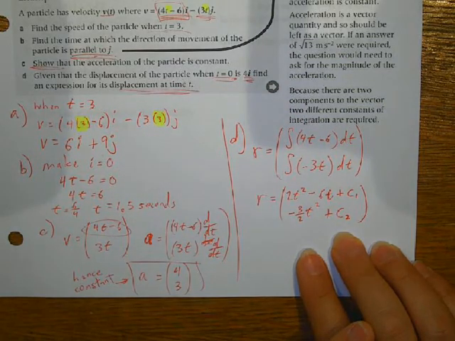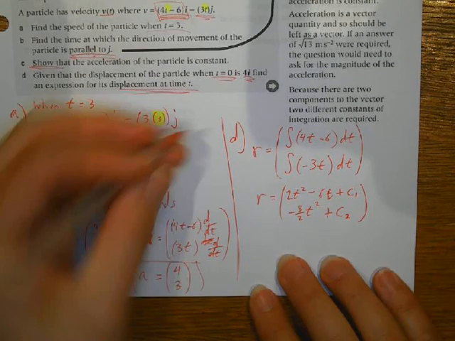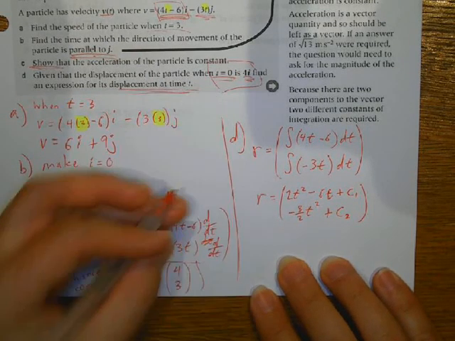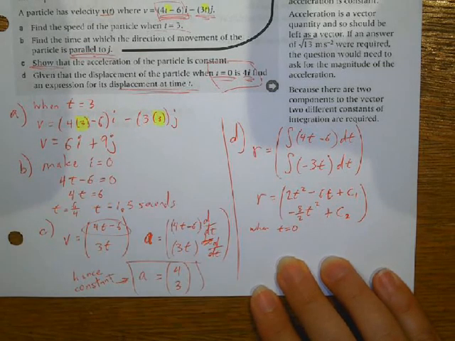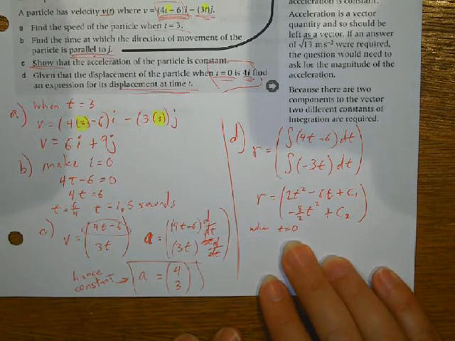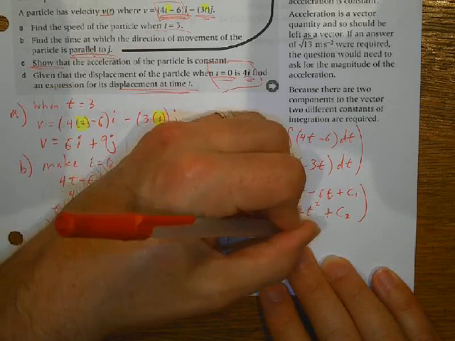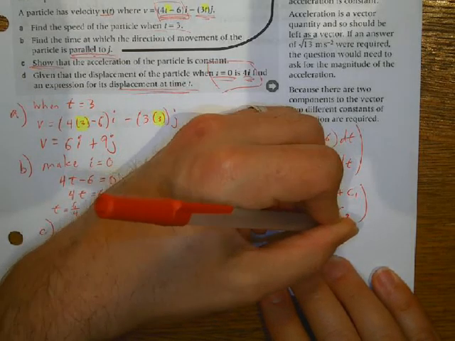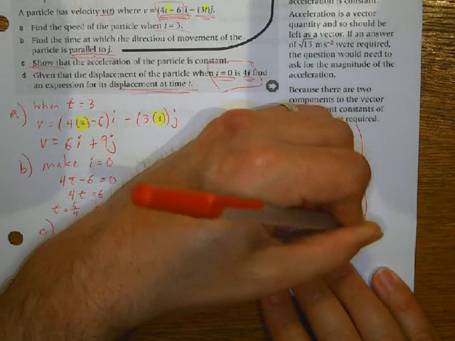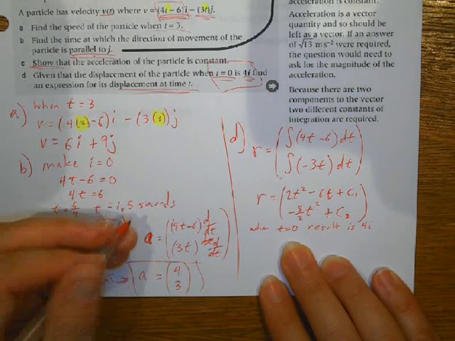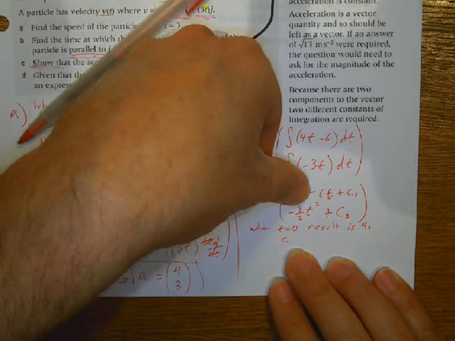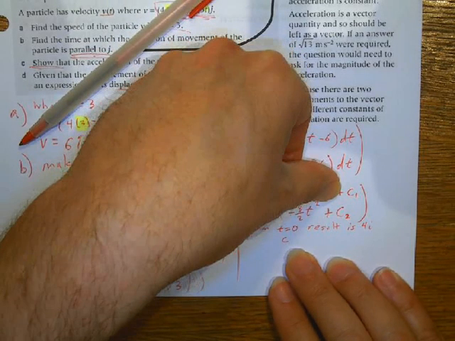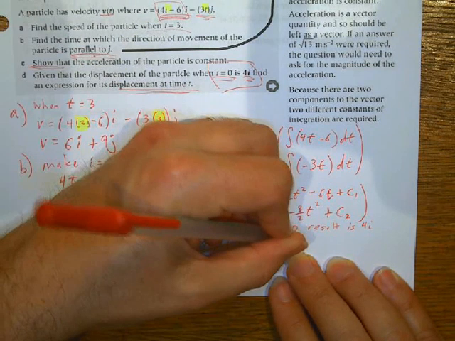Now with this information, we know when t equals 0, the result is 4i. If t is 0, then those terms are 0, and so c1 is going to be equal to 4.